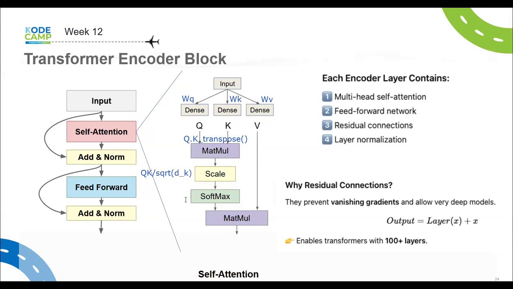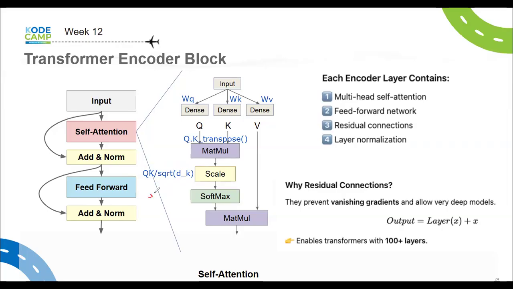So this softmax, like I said, the QK divided by square root of DK gives you what we call the attention score. And then the softmax will now normalize this attention score so that the sum of all of them will add up to 1. So that means that effectively you get a probability distribution, right?